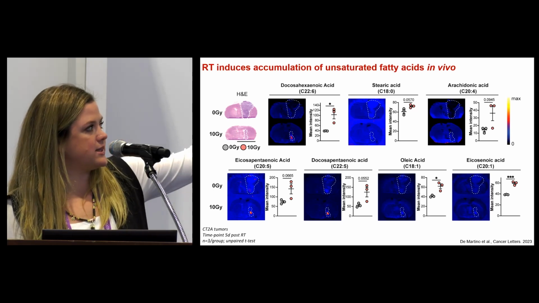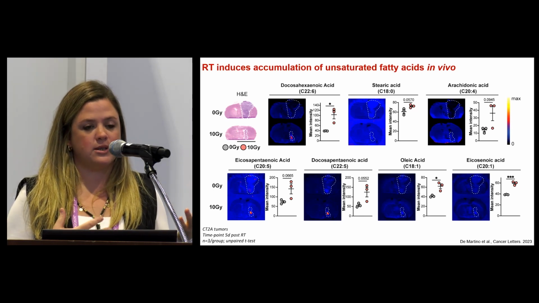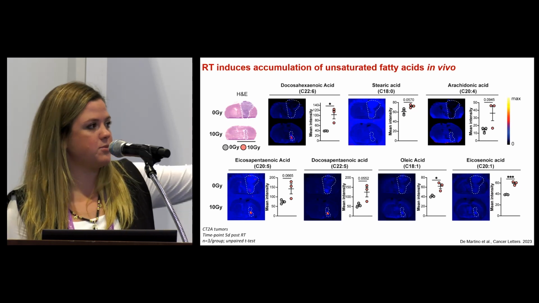So here what you can see is that a lot of the metabolites that we found upregulated through MALDI were also modulated, and we could see the same result by DC.